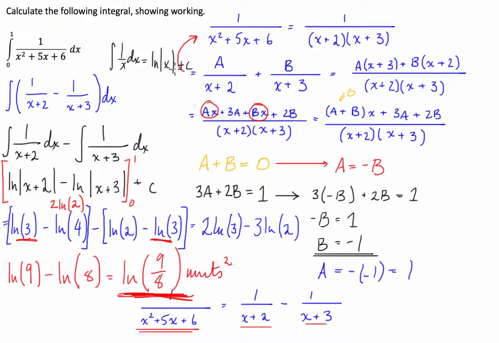So what we had to do here, guys, is the reason why we had to use these partial fractions is because we had a quadratic function in the denominator of this integral. We had to use the method of partial fractions to separate the quadratic denominator into 2 linear factors and then make an equivalent statement.